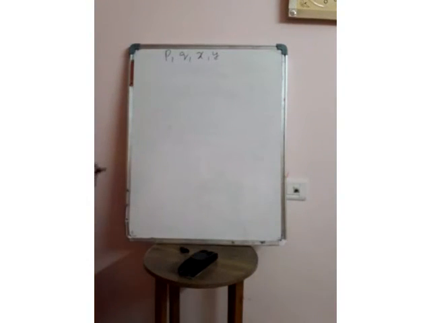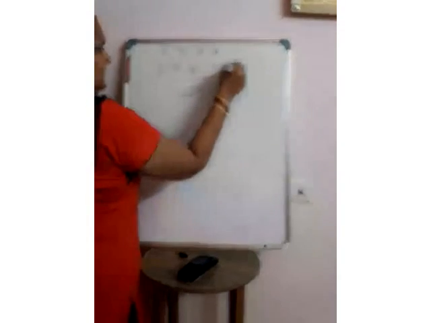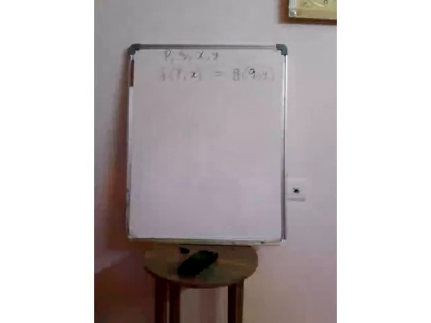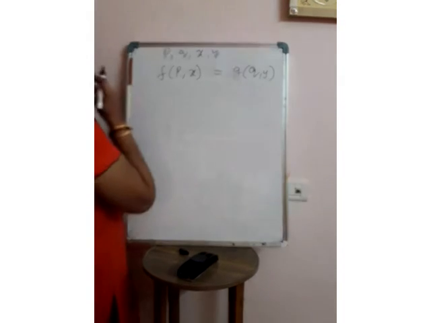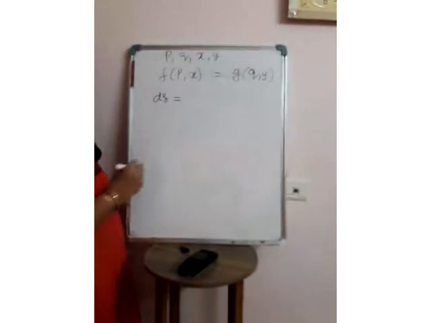Along with that, the functions of p and x can be separated from the functions of q and y. If the equation is of this model, with p, q, x, y, and p and x are separated from q and y, in such a case how do we write down the solution? We know that if z is a function of x and y, we know how to write the total derivative dz. Remember the chain rule?